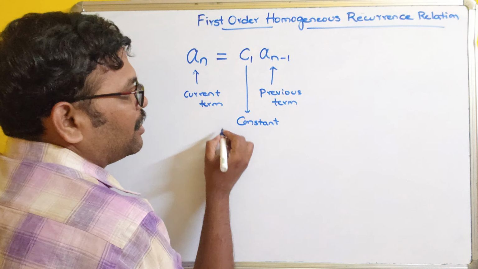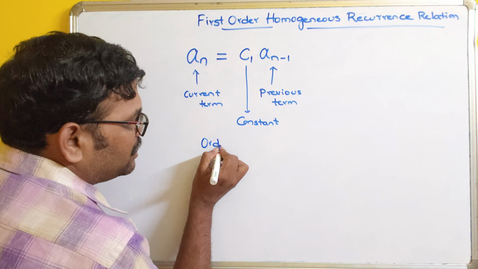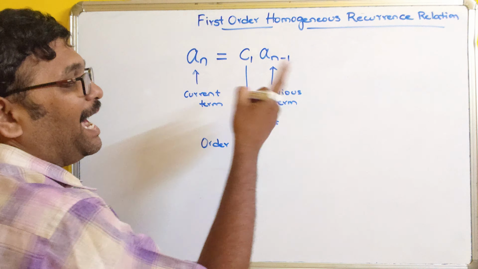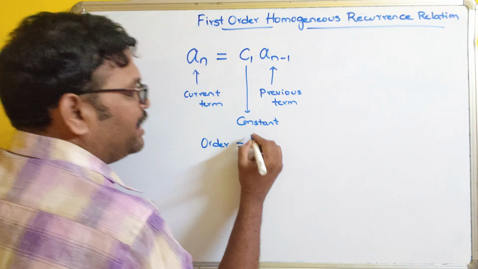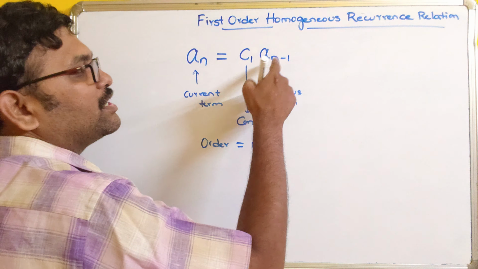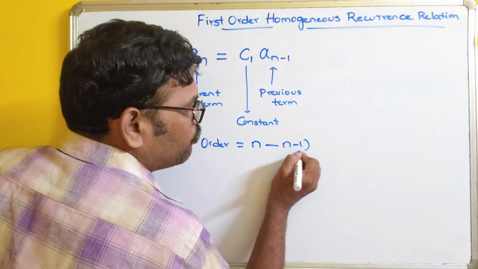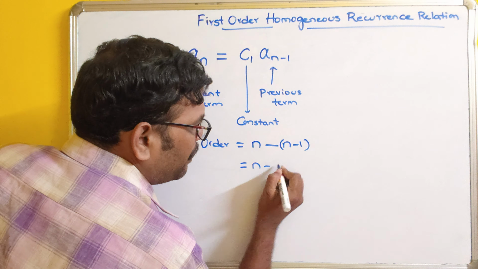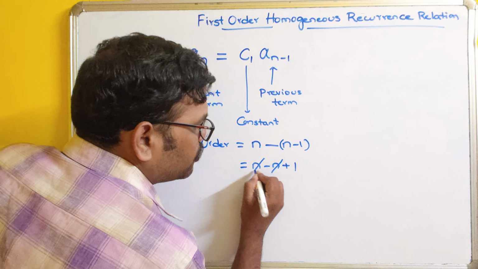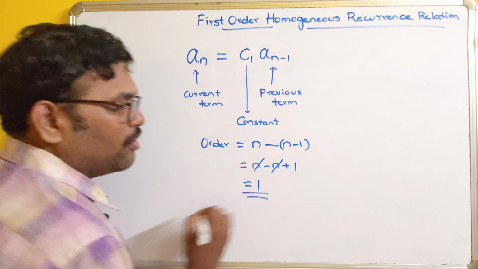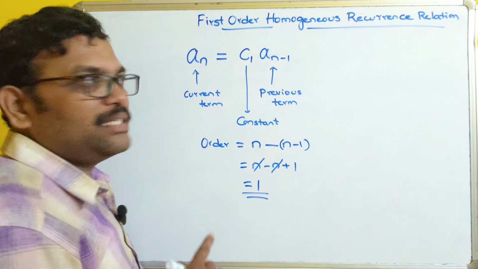So what is the order? The higher subscript is n minus the lower subscript n minus 1. So that becomes n minus n plus 1. So the order is 1. So this is a first order recurrence relation.